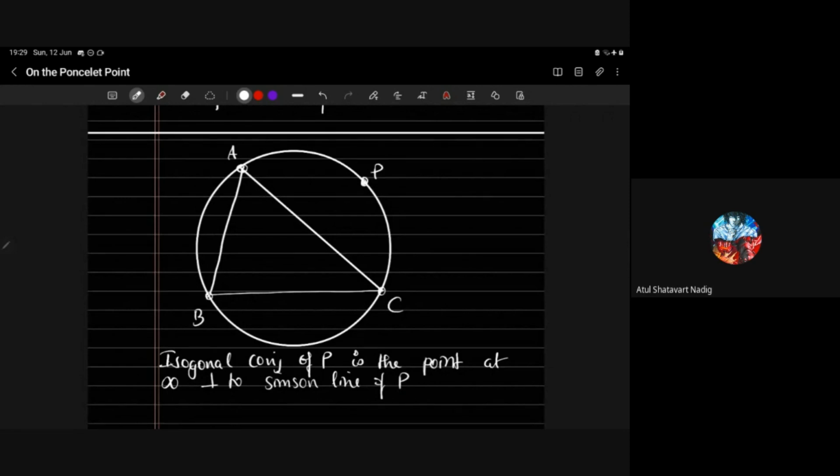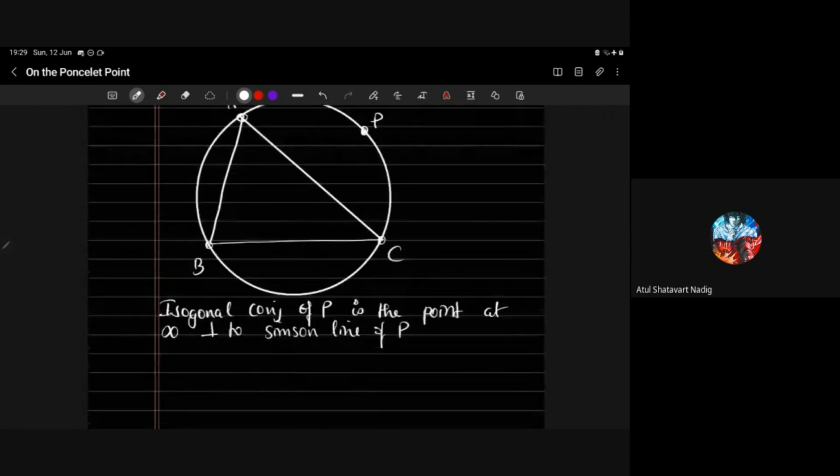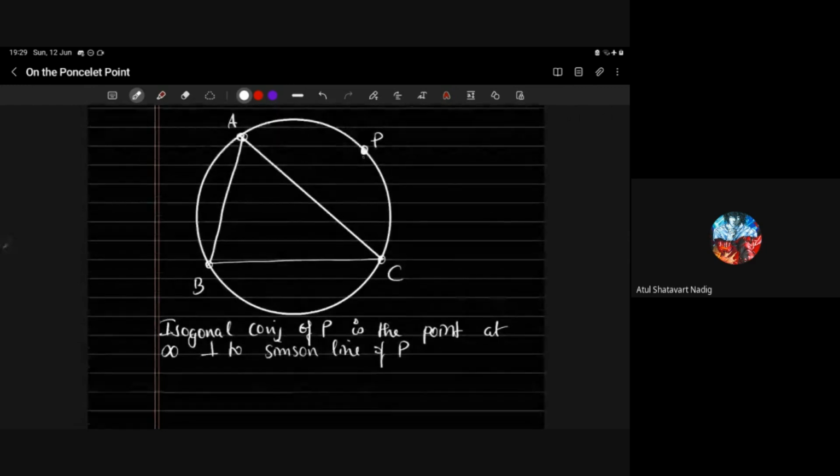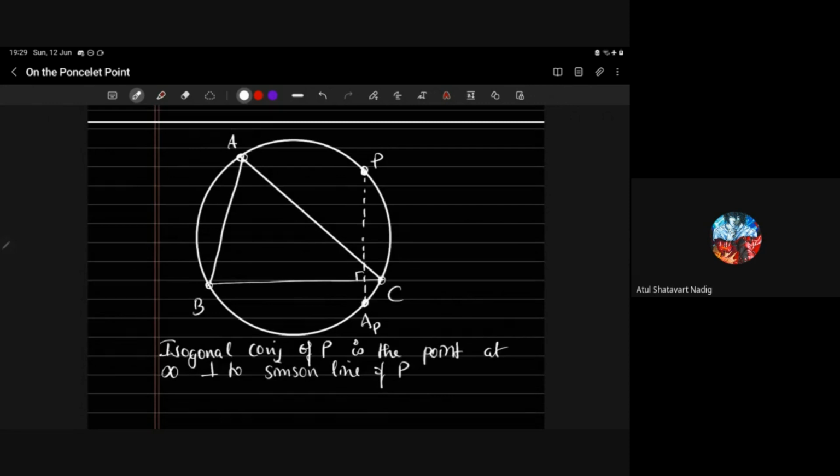Okay, so I'll give you a short proof of this. So basically, I'm using some fact about the Simpson line. Let's call this projection A sub P. Sorry, the perpendicular from P to BC intersects the circumcircle at A sub P. Then I'm going to use the fact that AAP is parallel to the Simpson line.